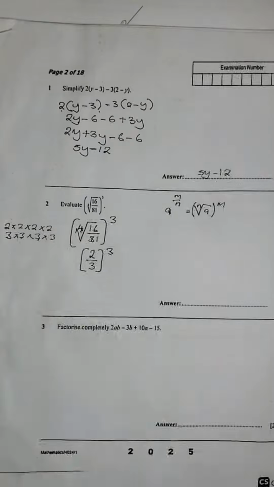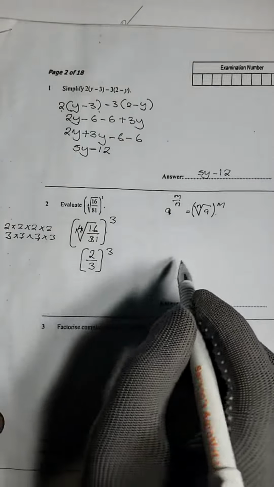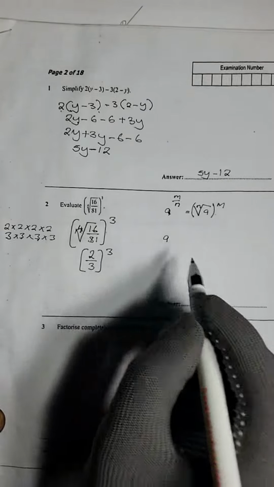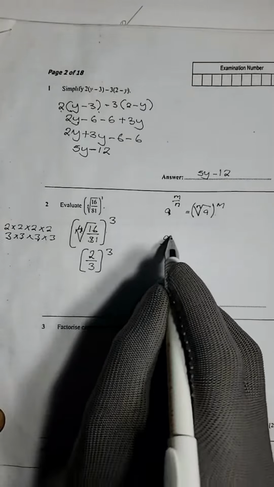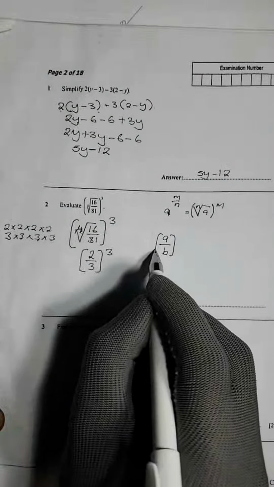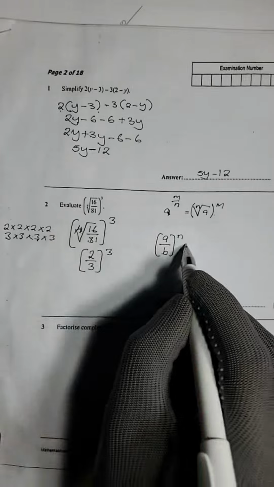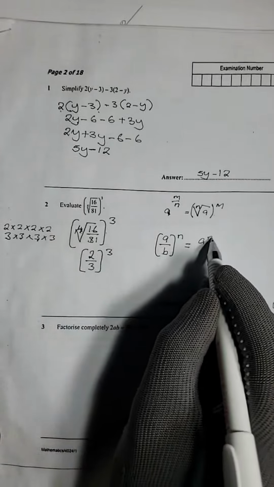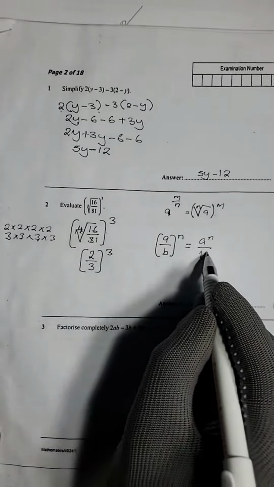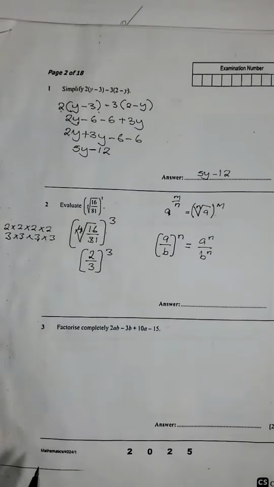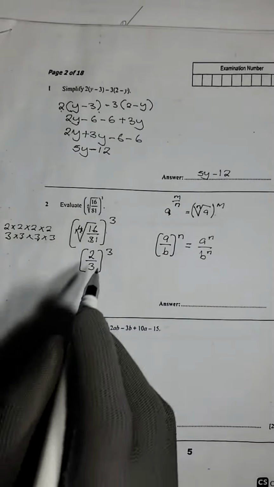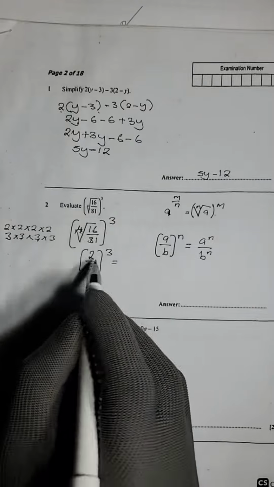Here we apply another rule. When you have something like a over b to the power n, you distribute this power, which will be just a to the power n over b to the power n. As simple as that. So even here, we're going to distribute.